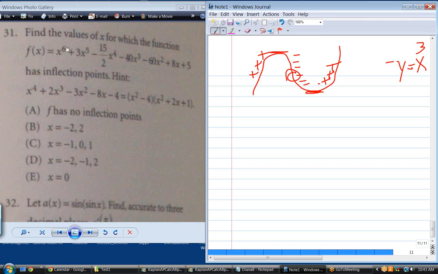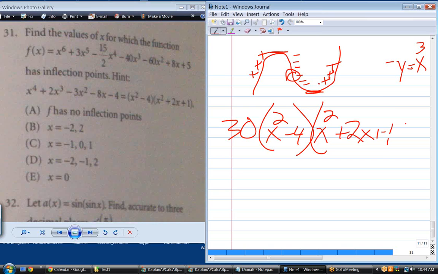And you're going to factor out a 30 also. All of these numbers are going to be divisible by 30 after you take the second derivative of it. And so you end up with 30 times x squared minus 4 times x squared plus 2x plus 1, and setting all of that equal to 0.